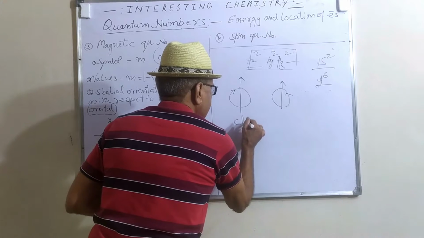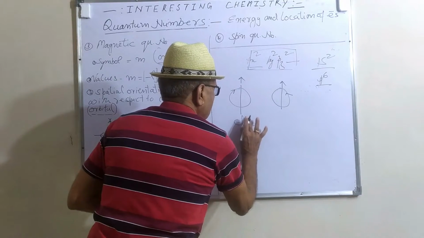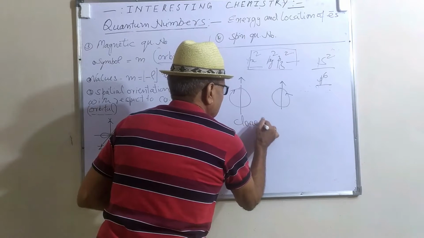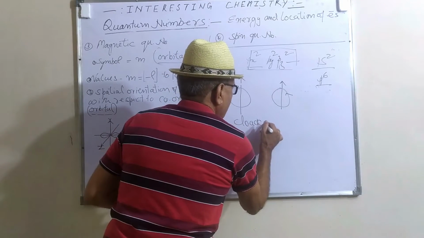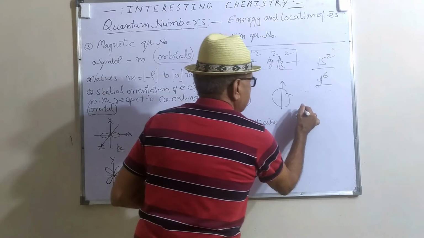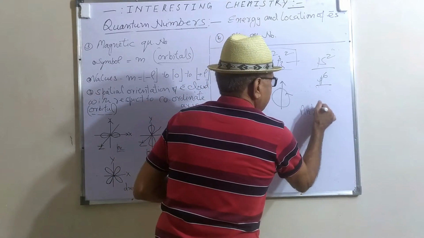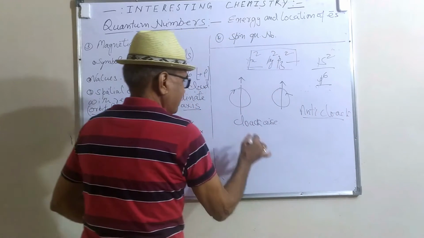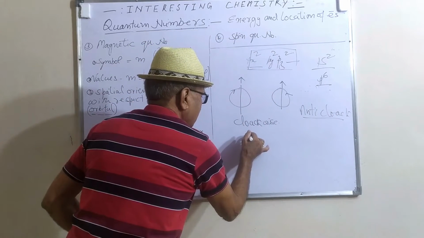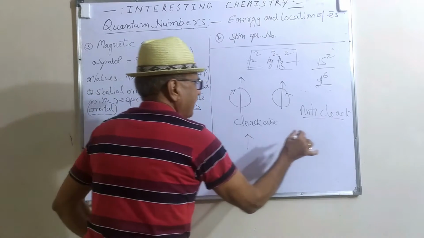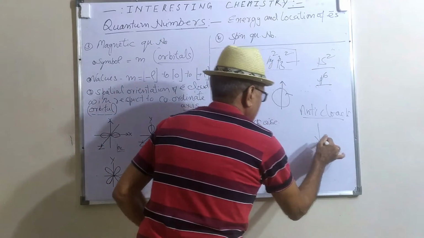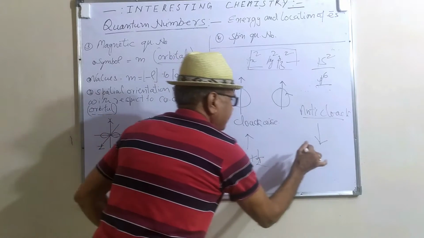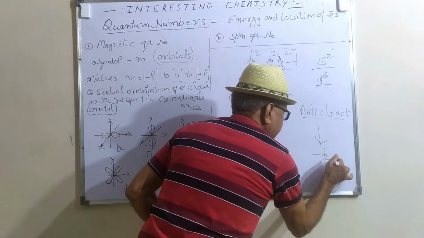This is clockwise, and this is anti-clockwise. It is denoted by this half arrow, and this down arrow. It is denoted by plus half, and this is denoted by minus half.